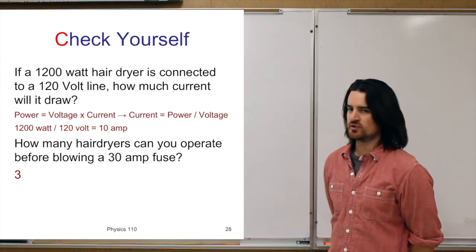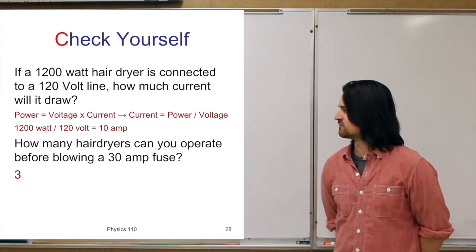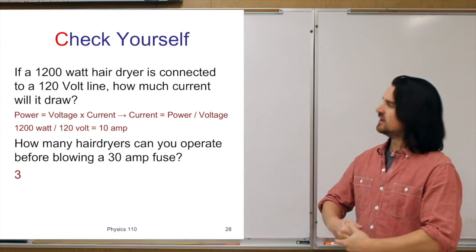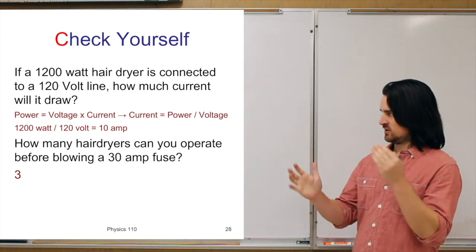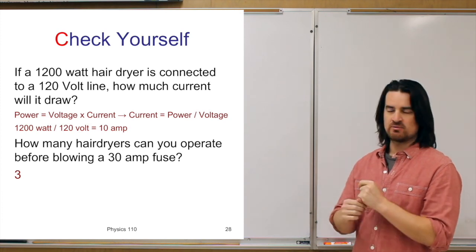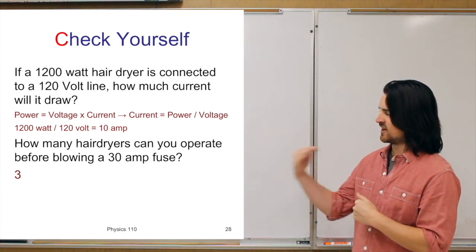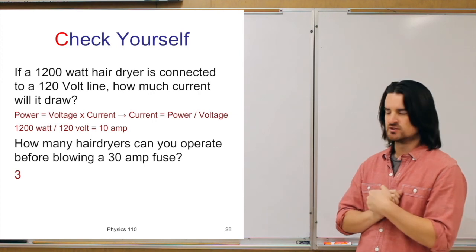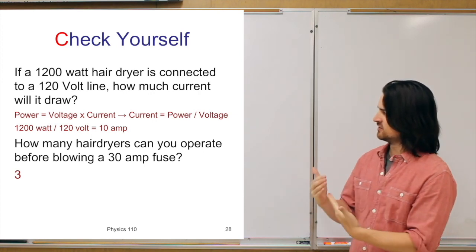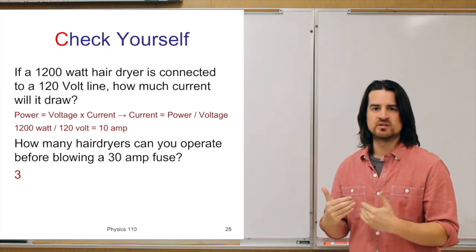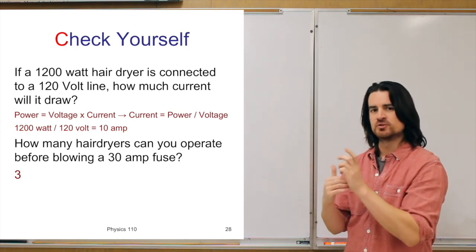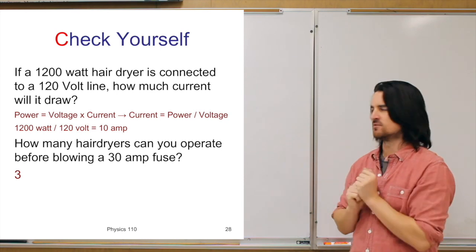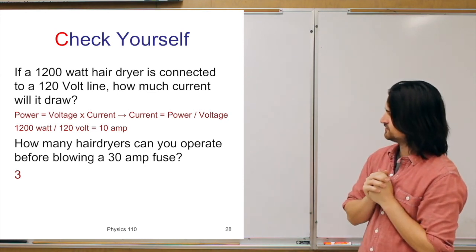Alright, so hopefully you look back at the relationship for power, voltage, and current, and do the same thing we did in one of the other questions, where you rearrange that relationship, essentially divide both sides of that equation by voltage, so that we now have current. The amount of current that flows through a component is equal to the power delivered to that component divided by the voltage applied to that component, the potential difference being supplied to that component.